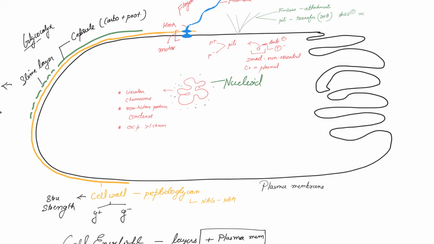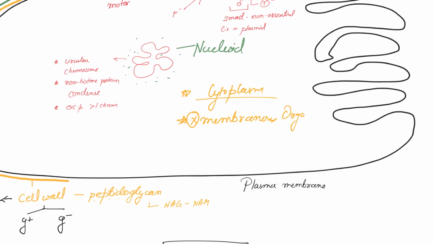So whatever is left is the cytoplasm. Now, cytoplasm is the seat of all chemical reactions that happen. That means that they do not have membranous organelles. So no membranous organelles are found in bacteria, right? But again, as I said, exceptions. No membranous organelle doesn't mean they do not have compartments at all.